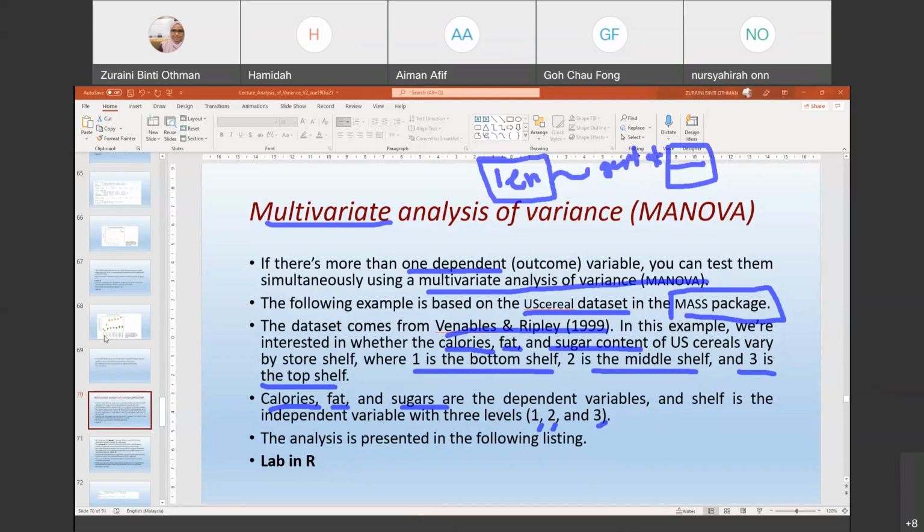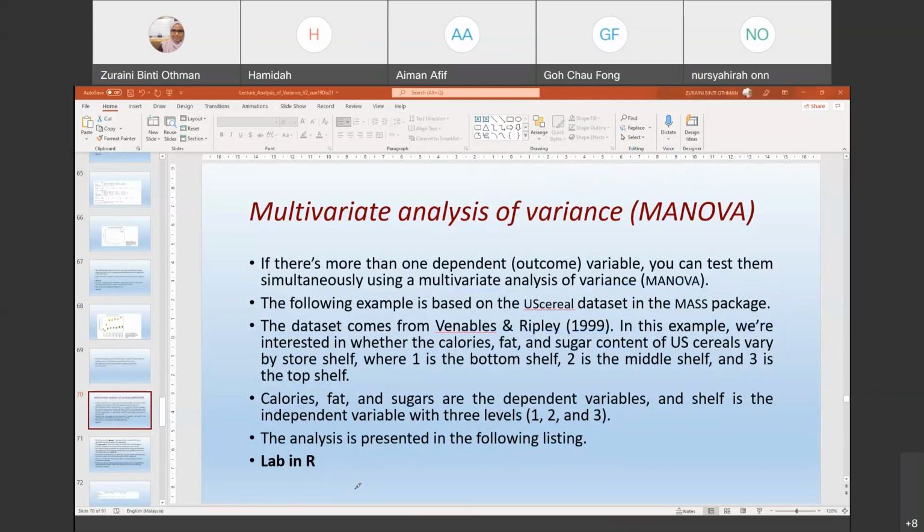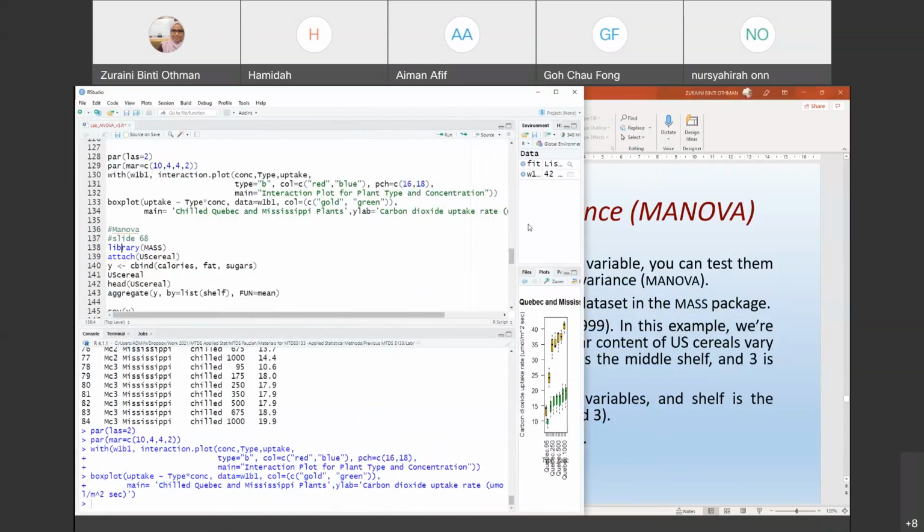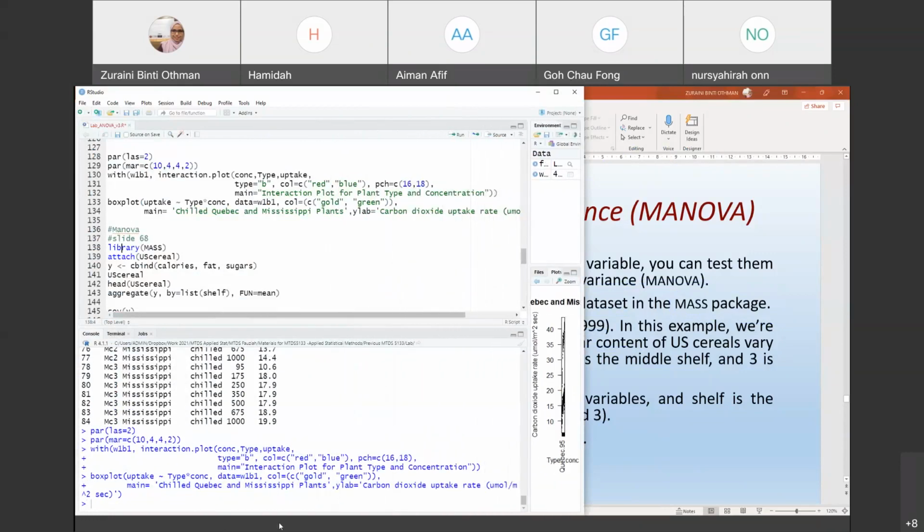Then we do the MANOVA now in R. We call library MASS because this US cereal data set is in this library.